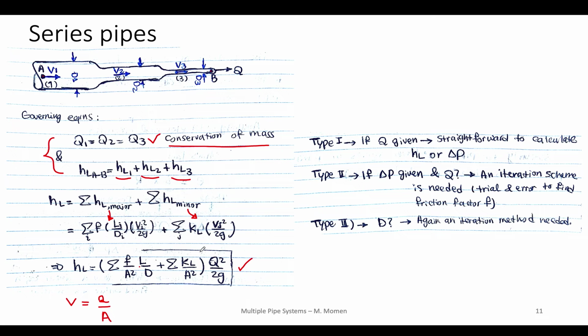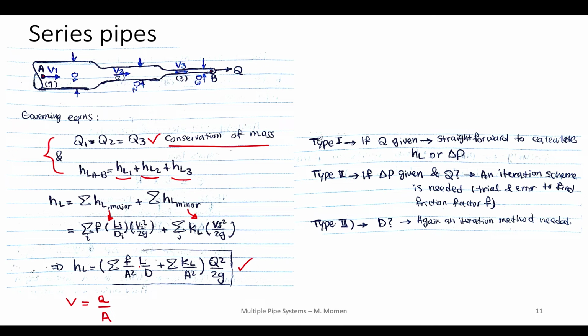Now we can again have those three types of problems that we had for single pipe systems, but for a series pipe system. So if you remember, for type 1, if Q was given, it was straightforward to calculate h_L or delta P, right?